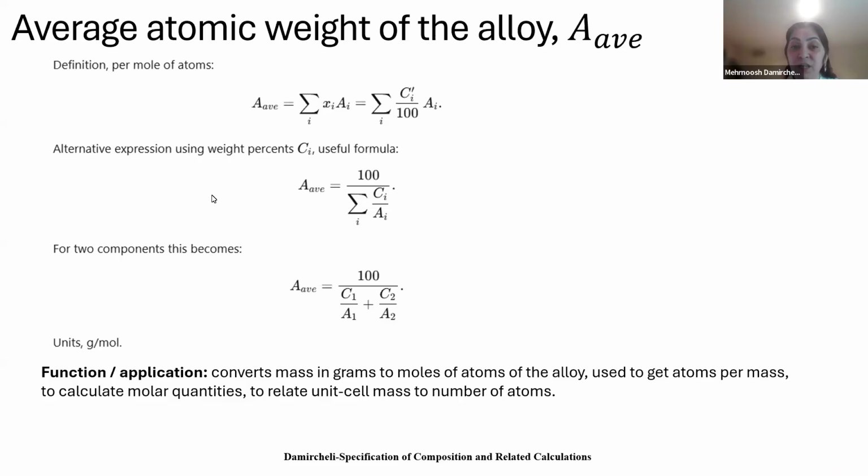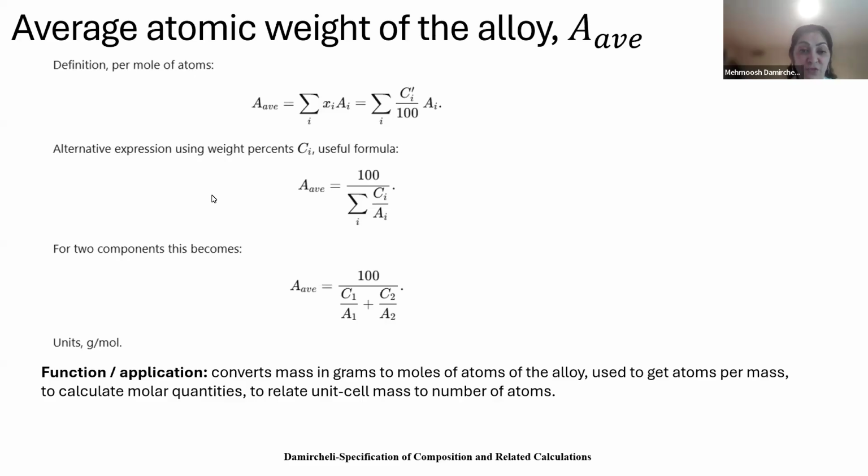So A average is C prime 1 A1 per 100, yeah? And you see here, this A average is a function of C1.